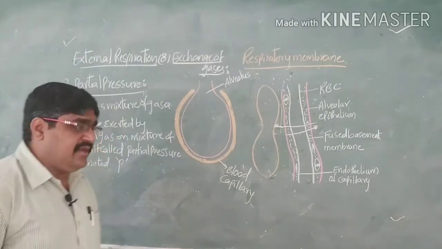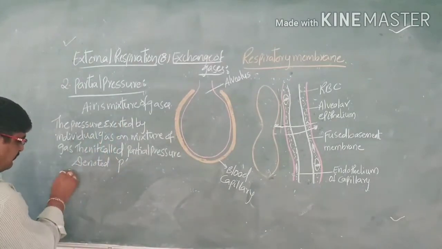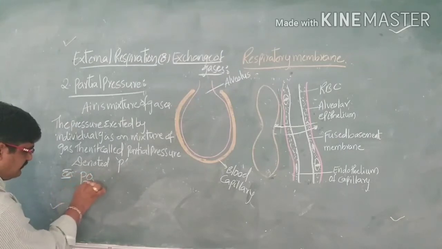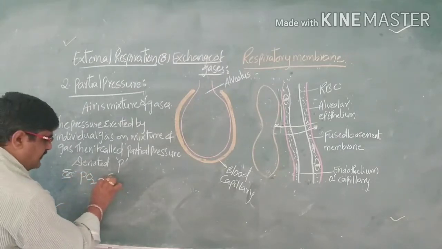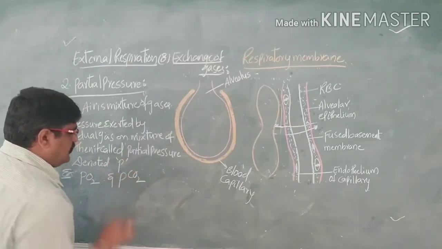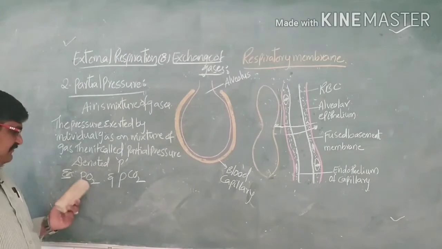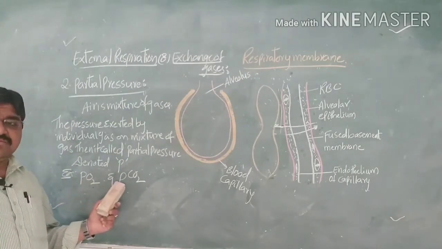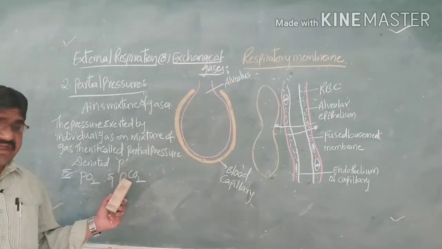For example, the partial pressure of oxygen is PO2 and the partial pressure of carbon dioxide is PCO2. Here P indicates the partial pressure of oxygen, and PCO2 the partial pressure of carbon dioxide.